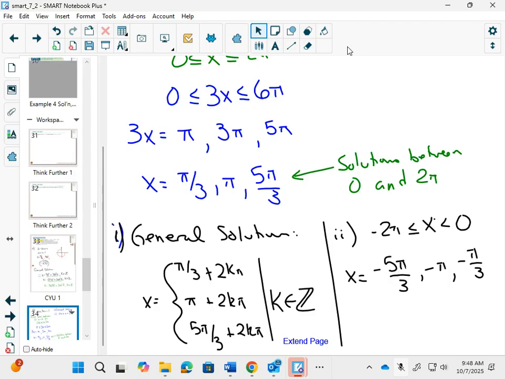And now, if we have our solutions between 0 and 2 pi, then we can work with our general solution and our actual solution easier. And I find this is probably the easiest way to think about most questions, because you're used to solving between 0 and 2 pi. Most of your questions solve that way.